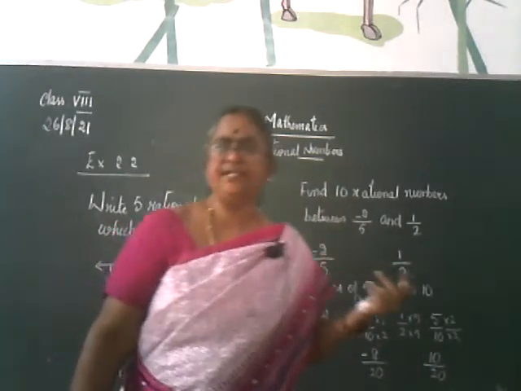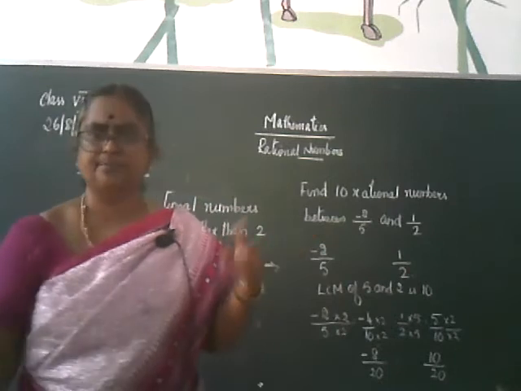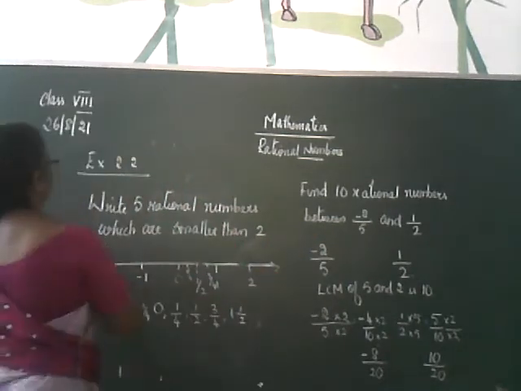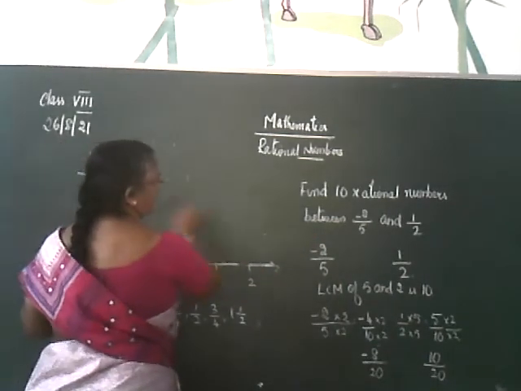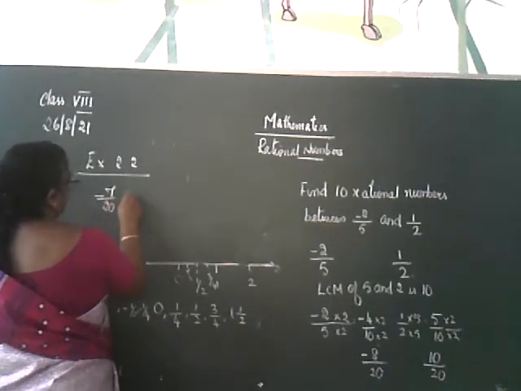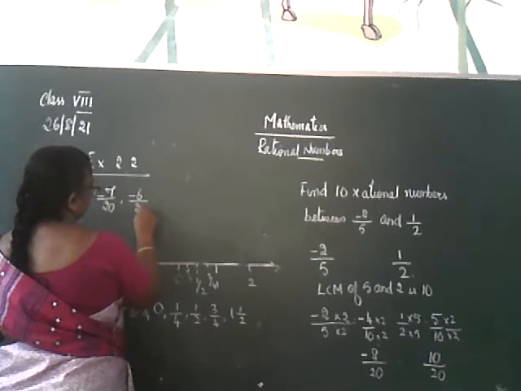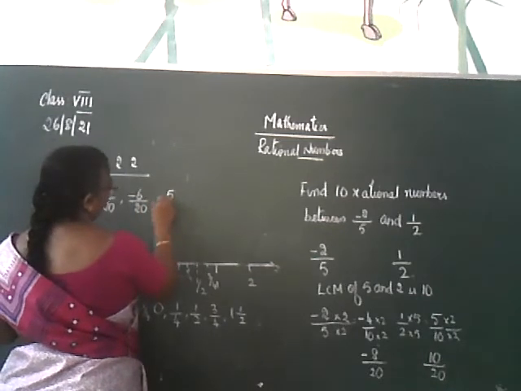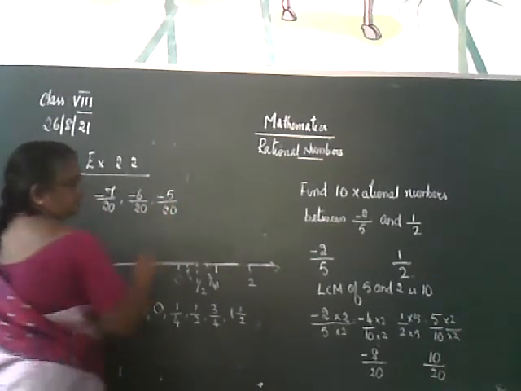Right in between, how many rational numbers can you write? Minus 8 by 20. See, right now, minus 7 by 20, minus 6 by 20, minus 5 by 20, I can write, isn't it?